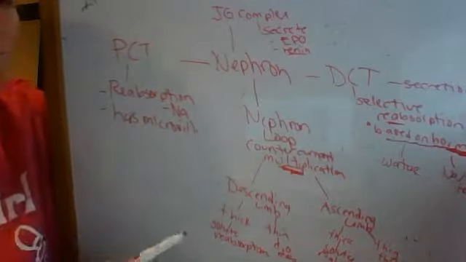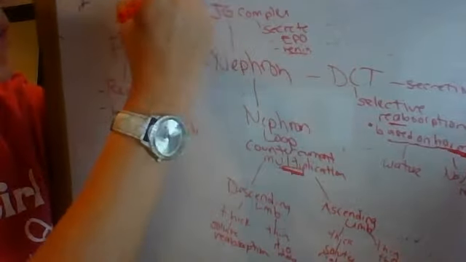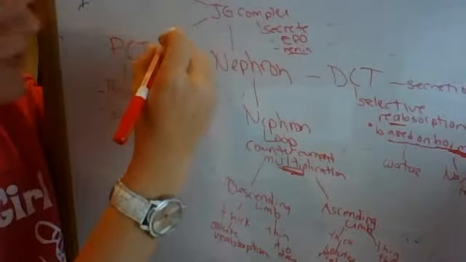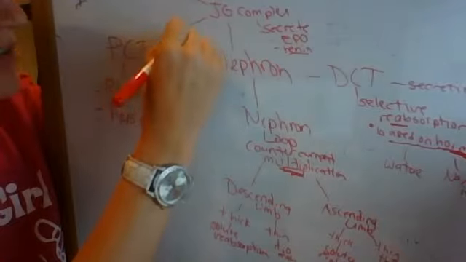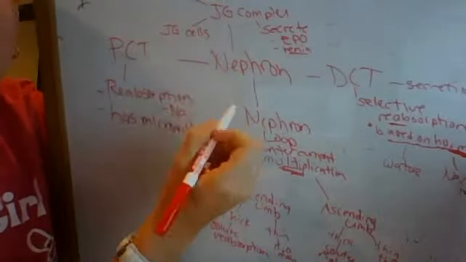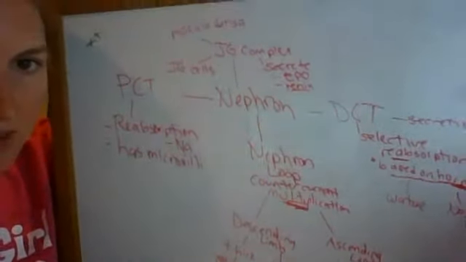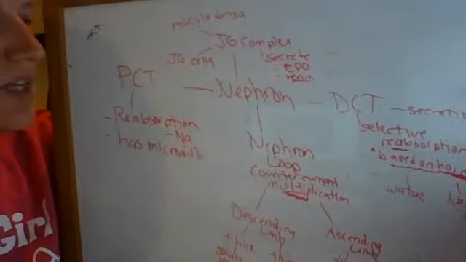So this JG complex, again, is really made up of two different types of cells. One's called the macula densa, and one is called JG, or juxtaglomerular cells.